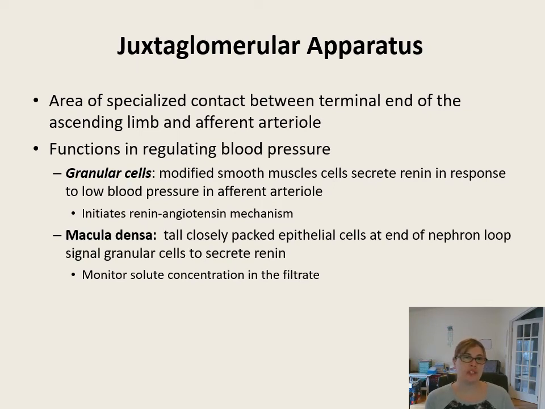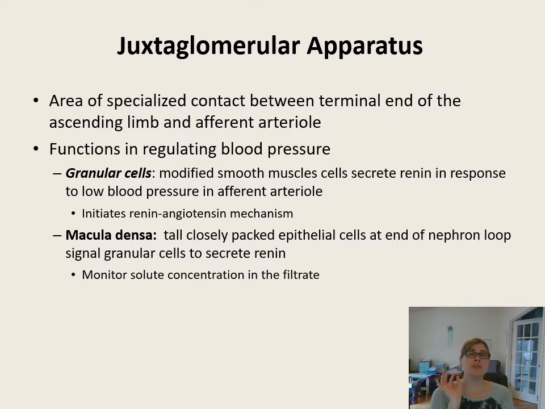So what happens in that juxtaglomerular apparatus? At the end of the ascending limb of that loop, so we have our loop of Henle, descending loop and then ascending, at the end of that ascending limb, there is a function that happens there in blood pressure.